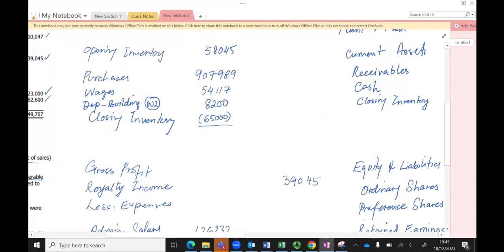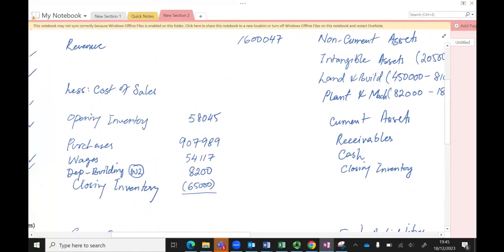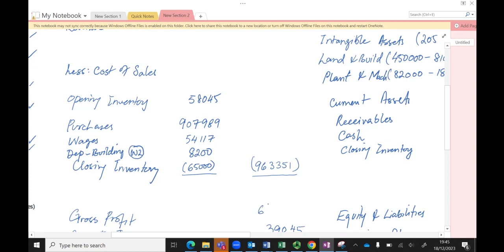Minus 65,000, and that will give me cost of sales of 96,351. If I subtract it from the revenue on the top, my gross profit will be 636,696.